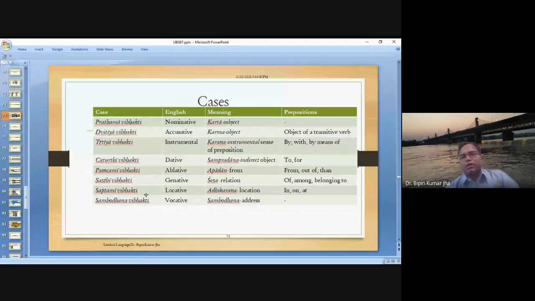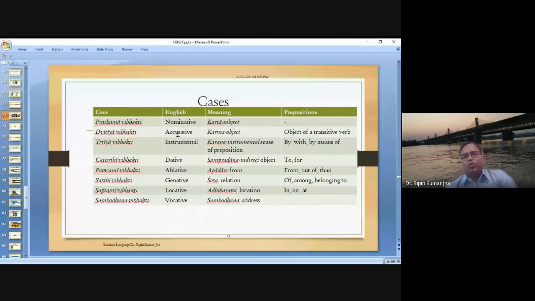So last day we completed case, and now we are continuing with a different notion of Sanskrit grammar. We have already completed this one.